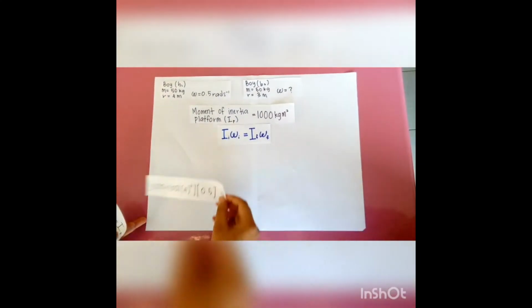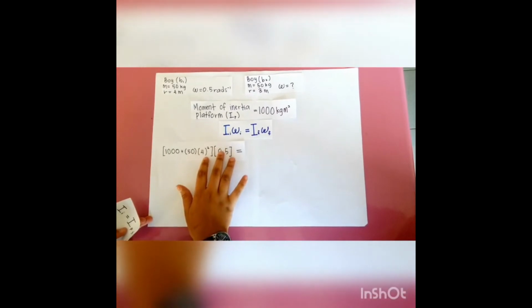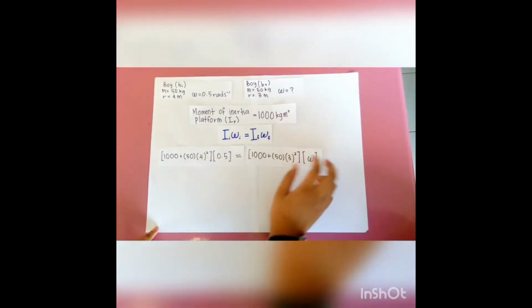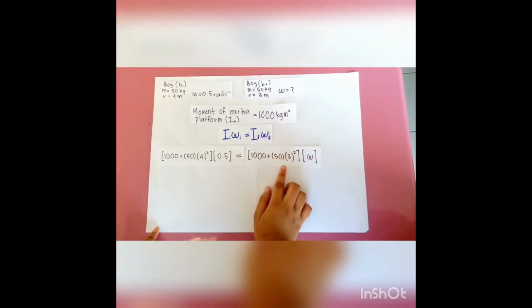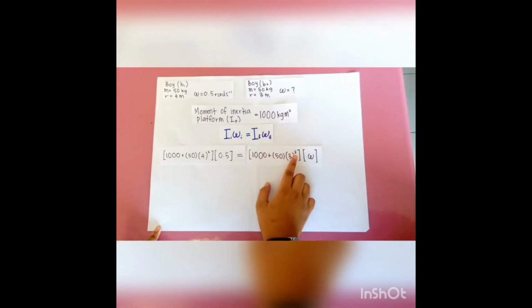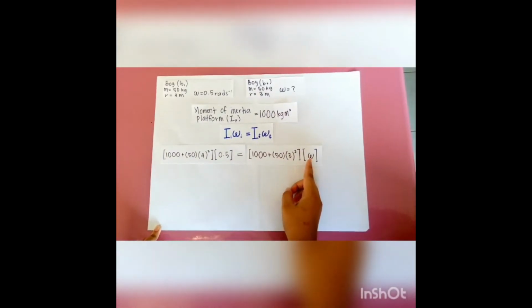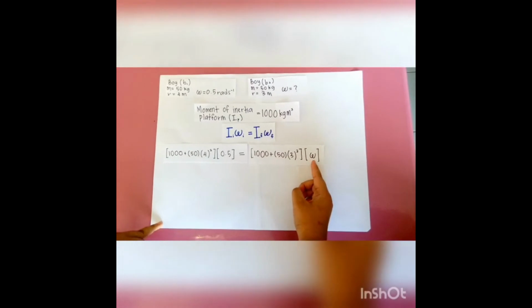So we will get 1000 plus 50 times 4 squared, times 0.5 radian per second. And for the final angular momentum, it is 1000 plus 50 times 3 squared, times omega, which we need to find.